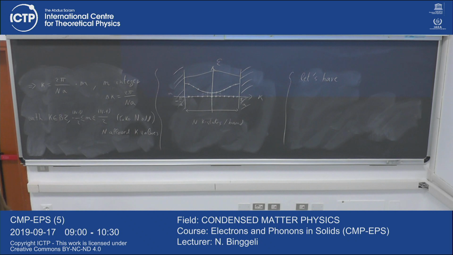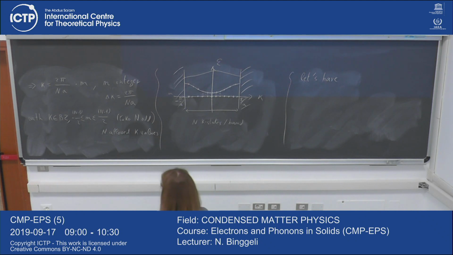So as I mentioned, we have a problem if we consider the infinite crystal, because we have an infinite number of electrons and that's not the proper way, it's ill-defined. I mean, we have a problem to fill.